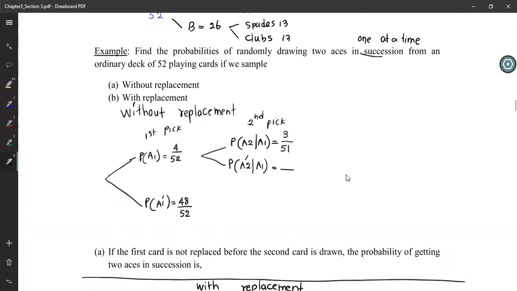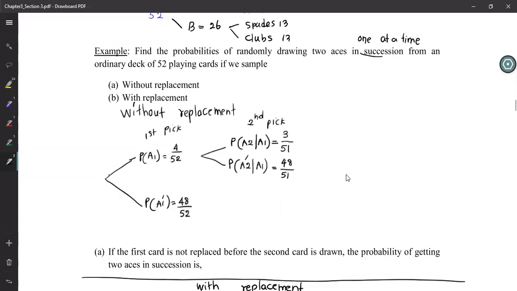Have you touched the not A cards? Not yet, because your first pick was an A. Those 48 not A cards are still there, but you have only 51 cards. So the probability that the second is not A, given first one was A, is 48 out of 51. Right? Okay, you are done with those two options.